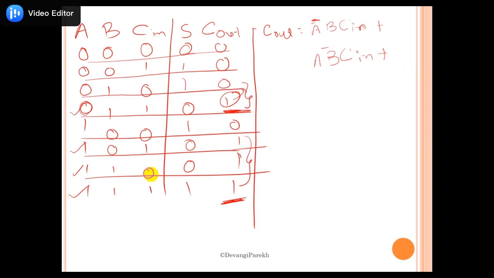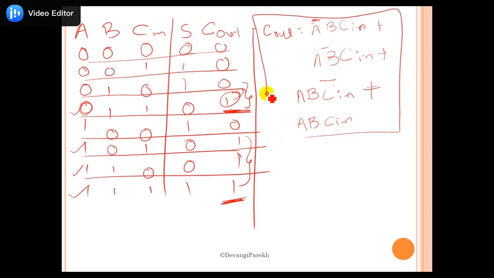So we have to write A, B, C in bar, because C is 0. Fourth condition, all A, B and C in inputs are 1. So we have to write A, B and C in. So here is the Boolean expression for C out.